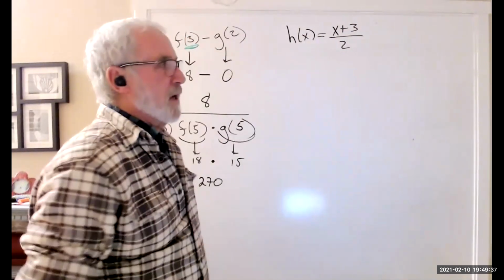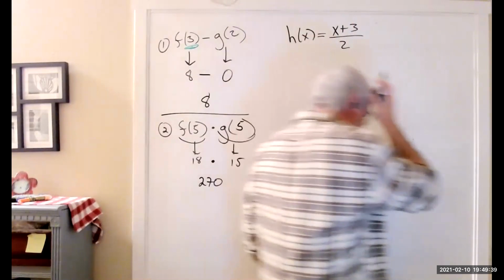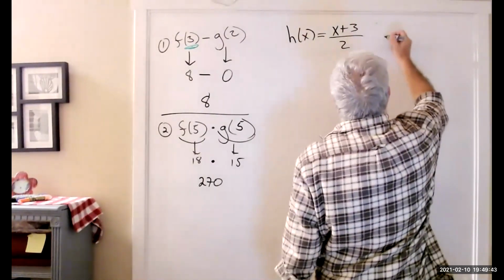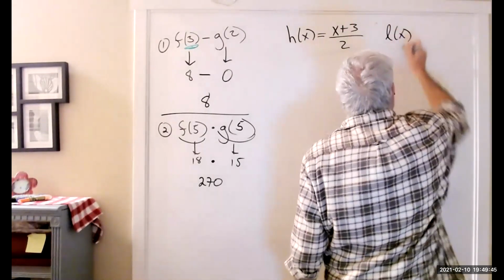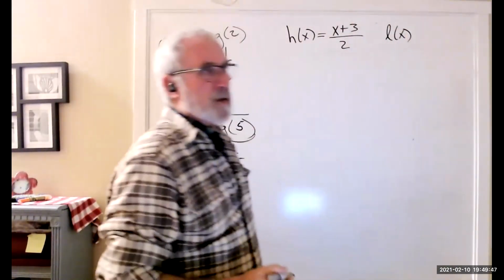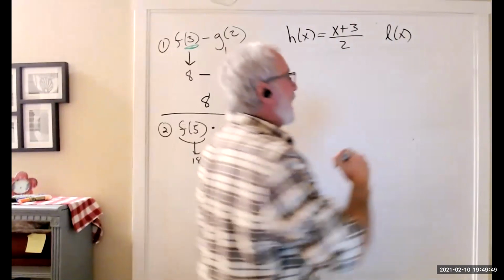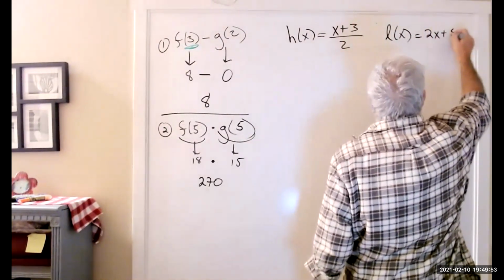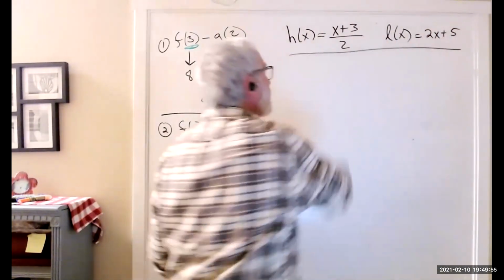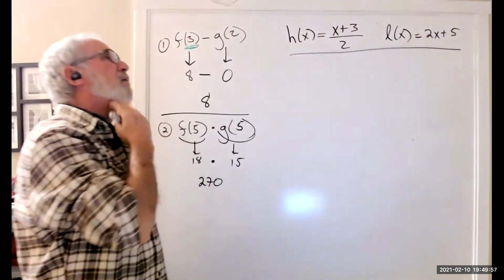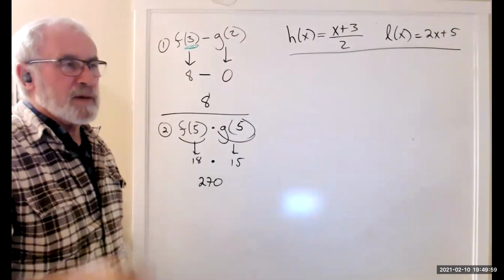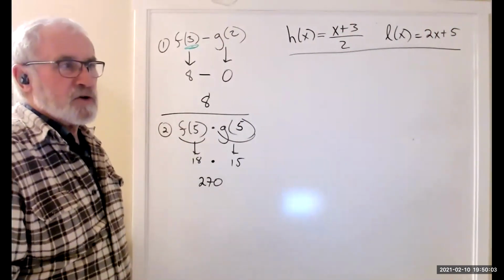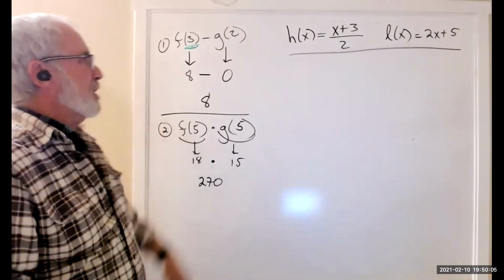Let's make up another function, the L function, L of X. We'll make this one nice: 2x plus 5. At the beginning, we just make these things up. H and L are the two functions instead of F and G.